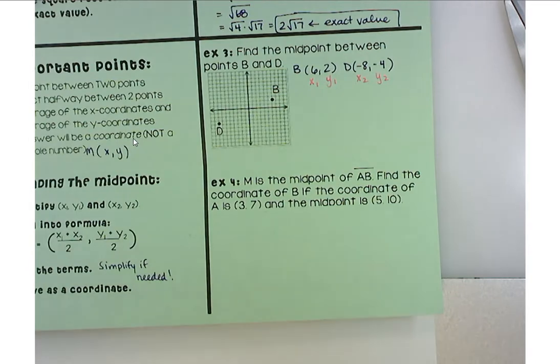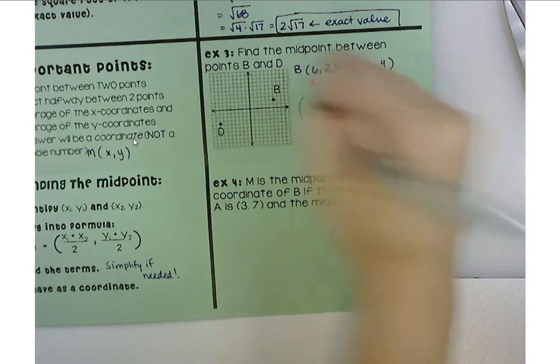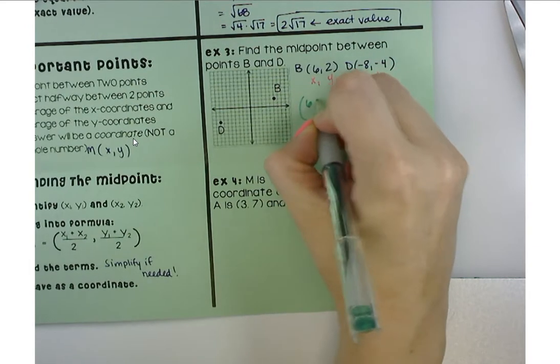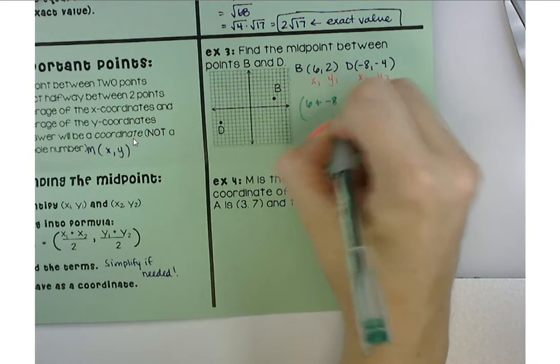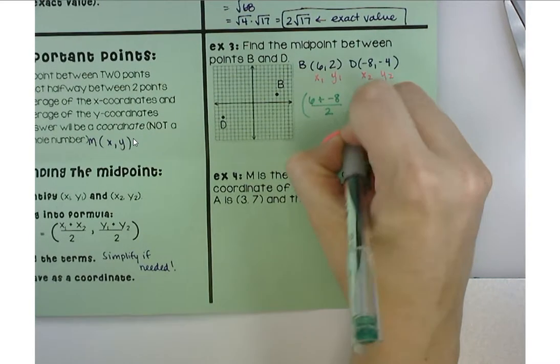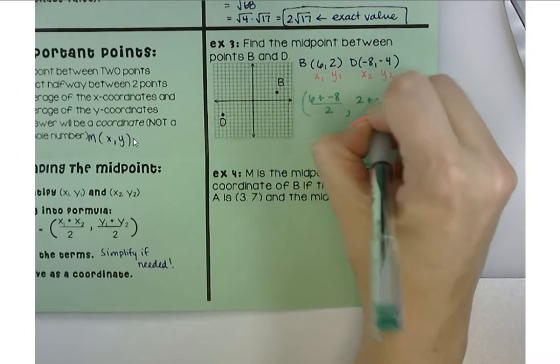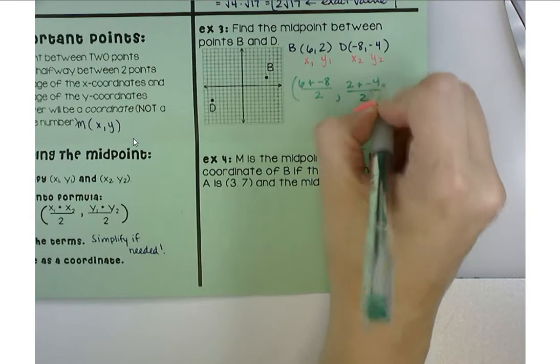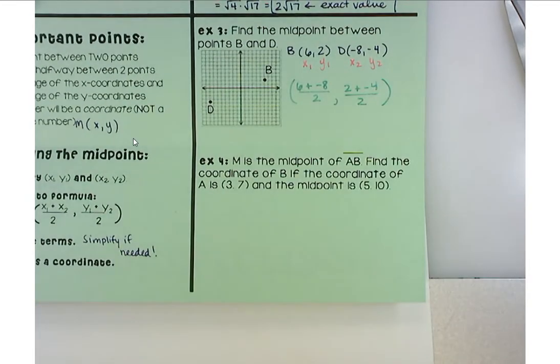Okay, so remember our final answer is going to be a coordinate. So we're going to add the x1, which is 6, to the x2, which is negative 8. Divide that by 2. And then we have 2 plus negative 4, divide by 2. Okay, this is something else that we should be doing without our calculator if possible.